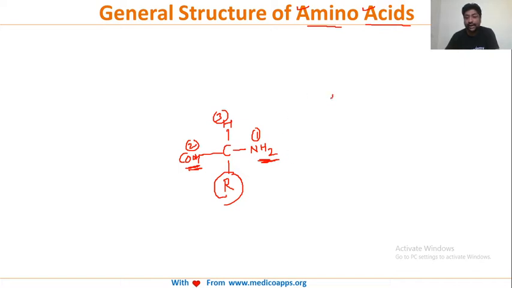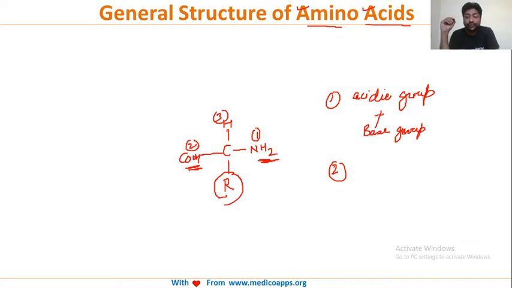First I told you that amino acid has both an acidic group and a base group. The second concept is that only the side chain, the R, is different for various amino acids. The next thing we will talk about is the concept of alpha carbon.